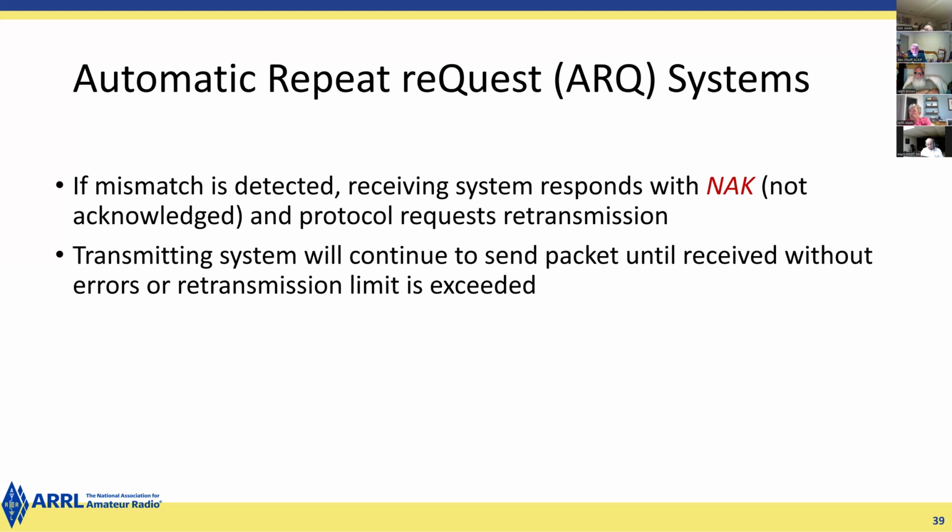If station B receives a transmission from station A, but the check code that it calculates on the received data doesn't match the check code that was sent by the transmitting station, it sends a no acknowledge or not acknowledge, commonly called a NAC.